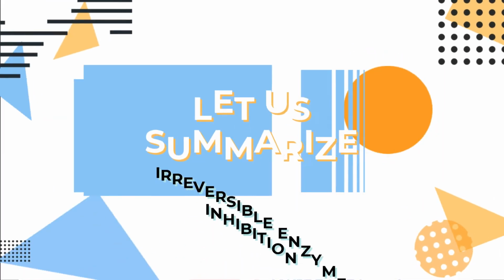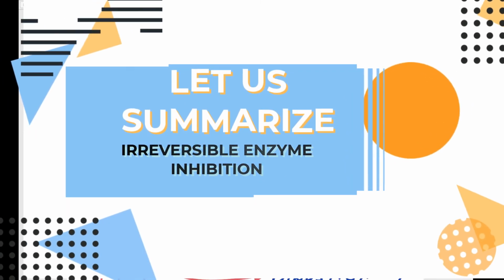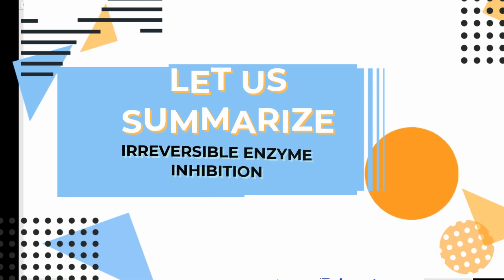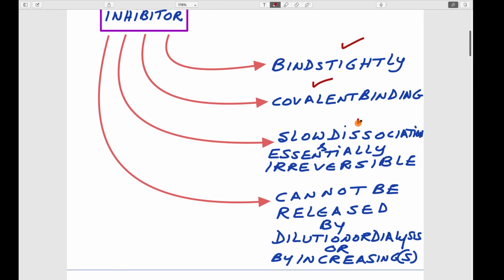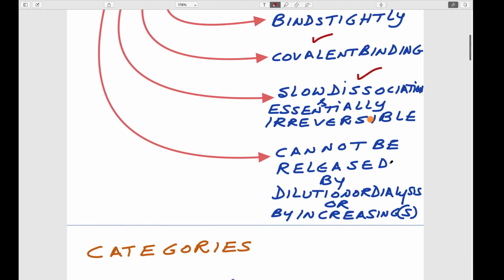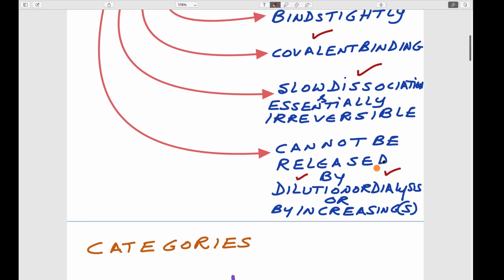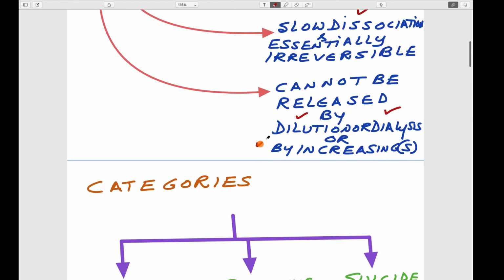We have discussed irreversible enzyme inhibition. Let me sum up. Definition: an irreversible inhibitor binds tightly, with covalent binding and slow dissociation, and it cannot be released by either dilution or dialysis or even by increasing the substrate concentration.